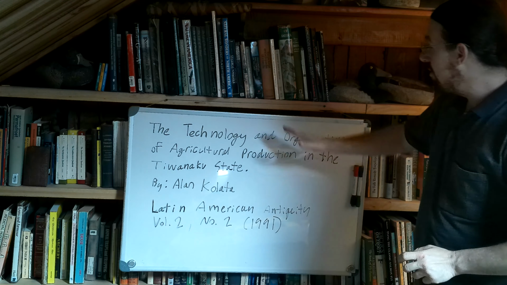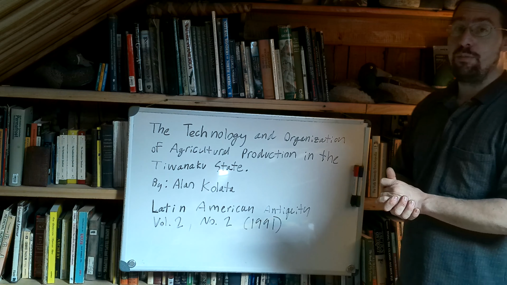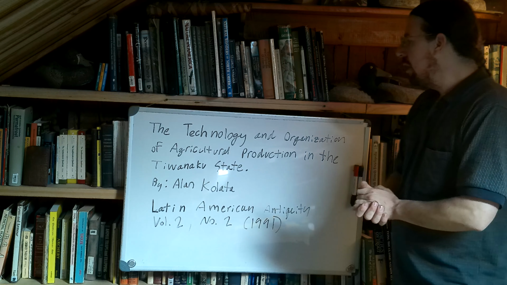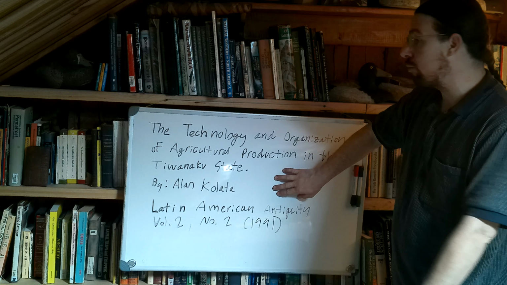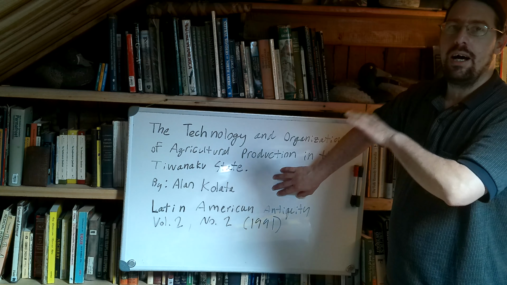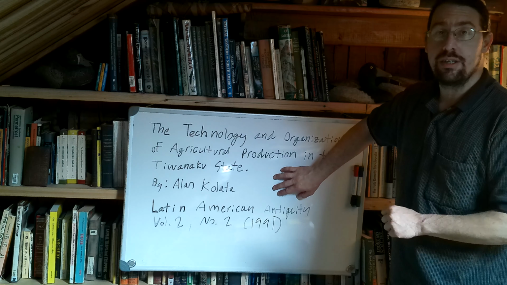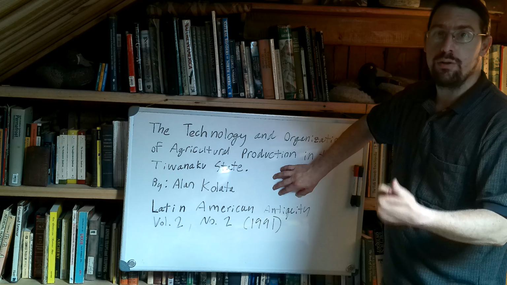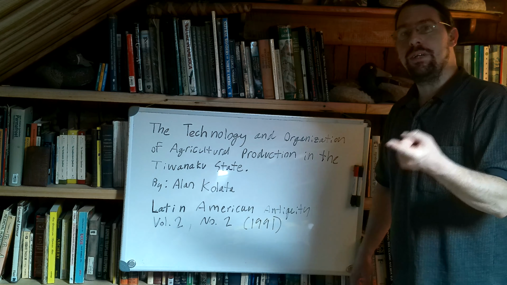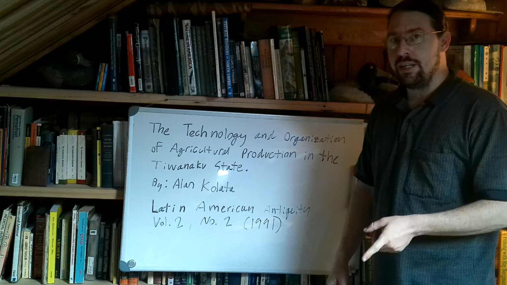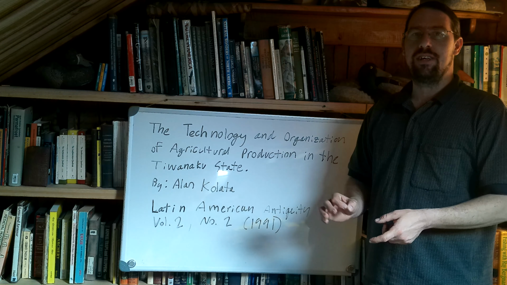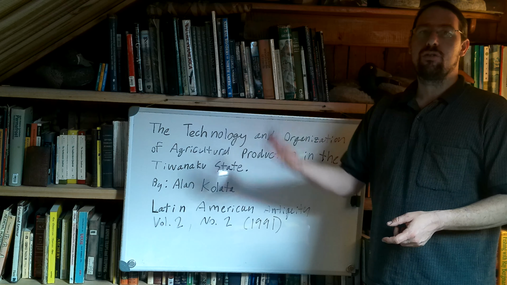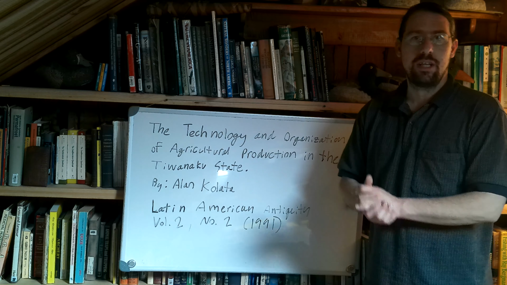Now, the citation. This is not an open access paper, unlike the last two models, but this is the citation information. I will also retype the full citation in the description box, so if you want to go get it, you can. It is not open access, but it is in the JSTOR database. So any library with JSTOR access can get this for you directly or as an interlibrary loan.